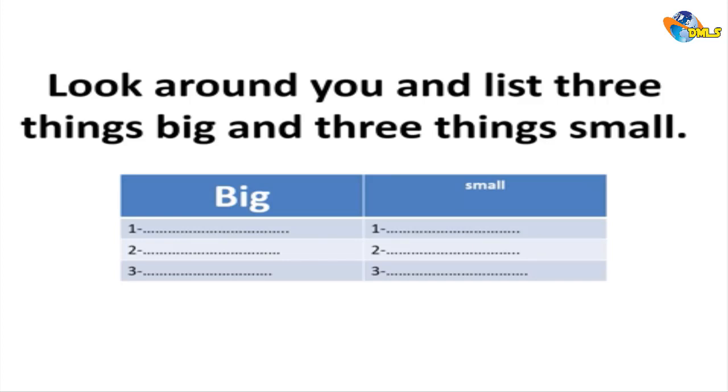We can say that the table is big, the chair is big, and the laptop is big. The book is small, the pencil is small, and the eraser is small, or anything around you. Okay, let's see our next pictures.